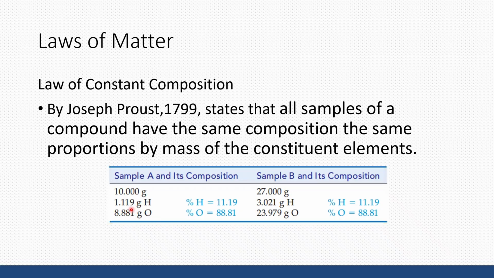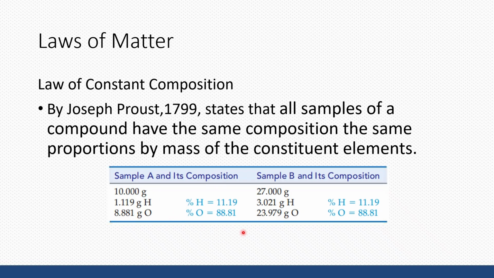Now, when we divide the masses of each element by the sample mass, we obtain the percent mass of hydrogen and oxygen, which is 11.19 and 88.81 respectively. So you can try in your calculators. Divide this by 10 and then times 100.